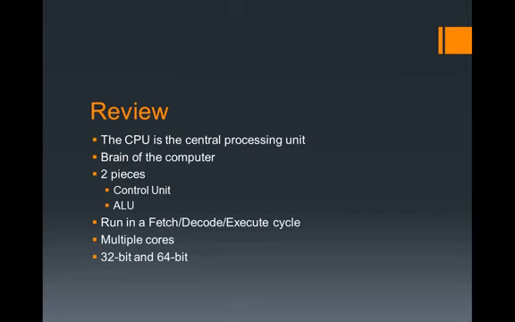Multi-core CPUs can be in more than one of those steps at any point in time. And 32-bit and 64-bit CPUs are different types of architectures, or parts of the architecture. There's a lot more to architecture that will be covered in a more advanced tutorial or lesson. But 32-bit and 64-bit hold different amounts of data.